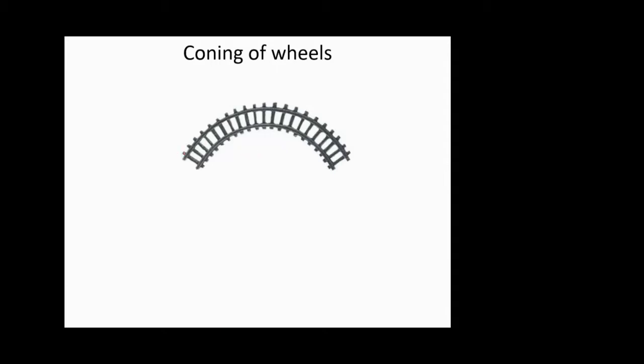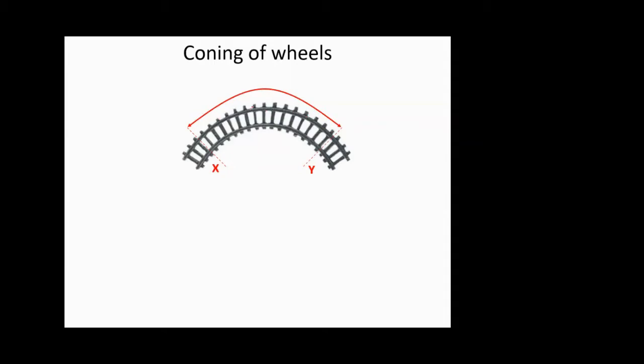So I have just taken a part of a curved track. This is a curved track. Now if I consider some length or section XY, starting point X and ending point Y, in this XY section, if I consider the length of the outer rail, I have highlighted that in the red line.